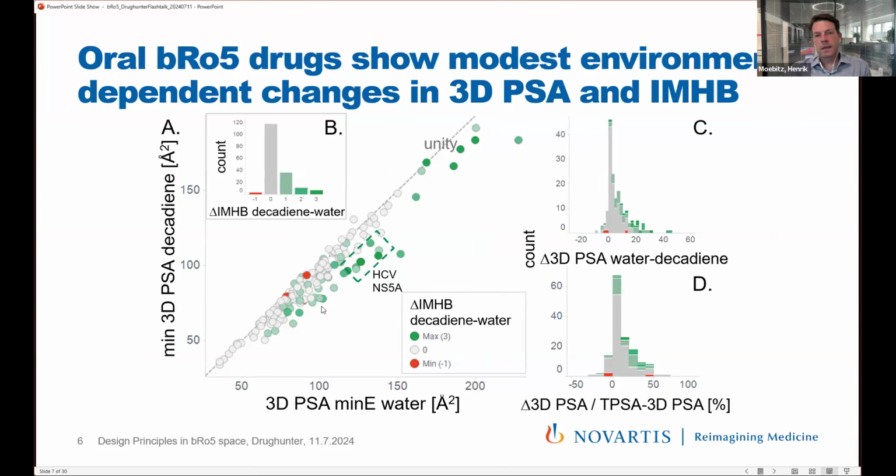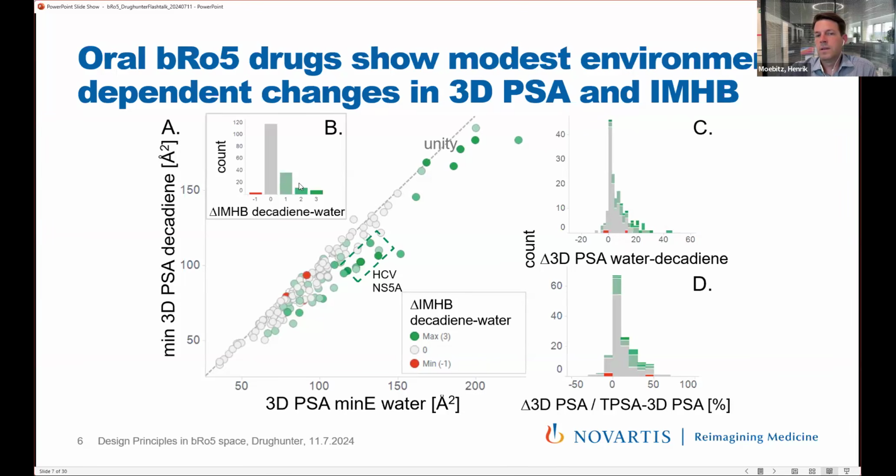And you can see that in most cases, there is no change of intramolecular hydrogen bonds. The exception is the class of HCV NS5A inhibitors, which have a proline urea, proline imidazole motif that does have an environment-dependent intramolecular hydrogen bond. But this is relatively rare across the whole data set.